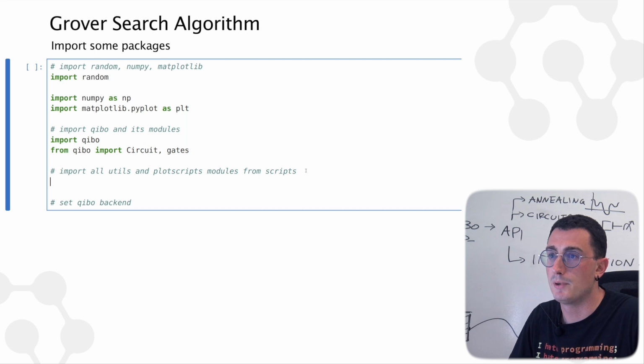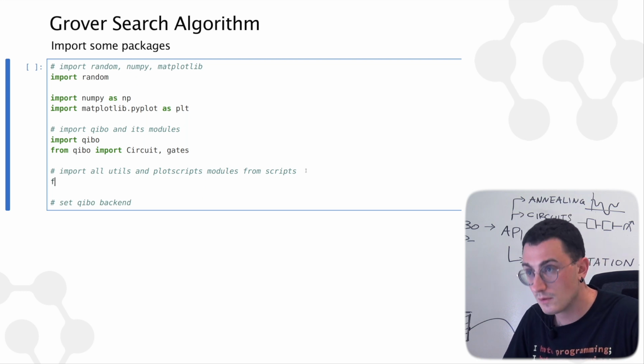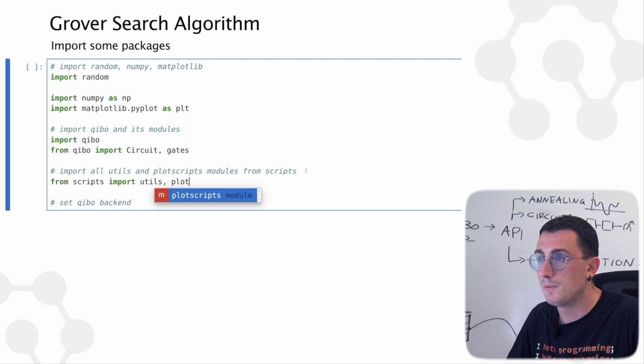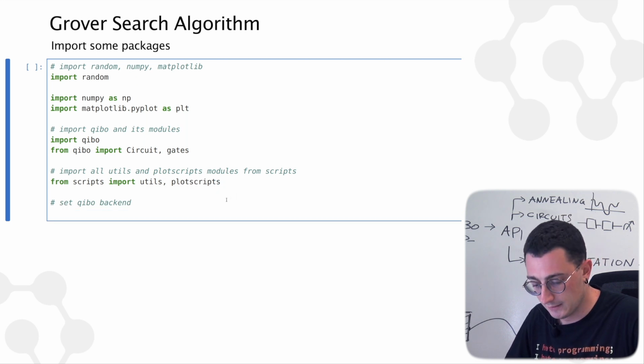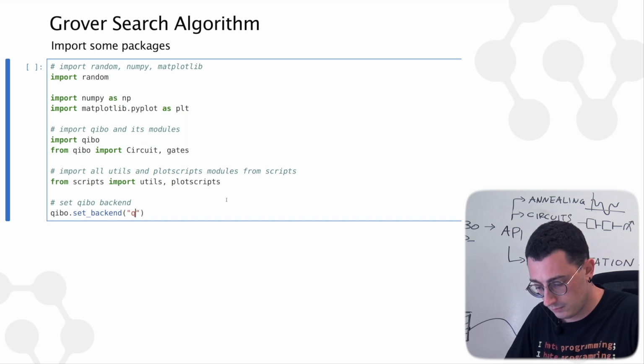Finally, let me import from scripts, which is the collection of functions already coded by us and useful for these lectures, some useful functions from utils and some plot scripts: from scripts import utils and plot scripts. Fine. Now we are ready and we can set the backend: qibo.set_backend equal to qibojit.